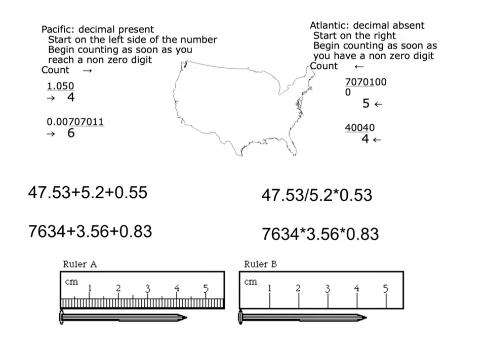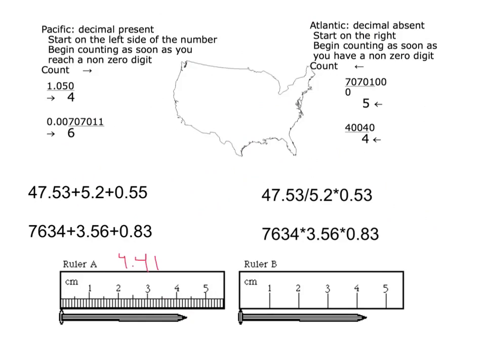So when measuring with this first ruler, we can see that the measurement is definitely greater than 4 centimeters, and we can even see the 10th place, which is probably about 4.4 centimeters. And then we'd have to estimate 1 digit beyond where we see. So this would be 4.41.